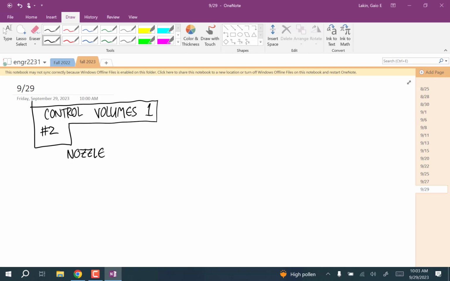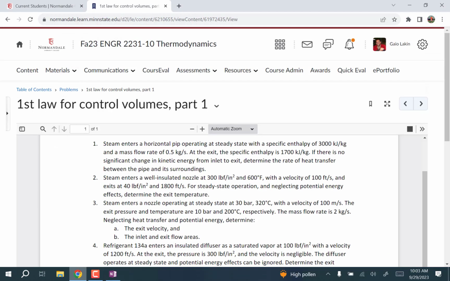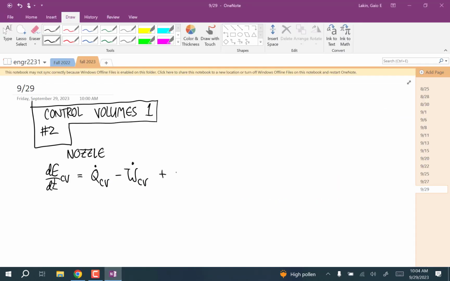I'm going to start with the full equation. So dE/dt for the control volume is equal to Q dot minus W dot for the control volume plus, okay, did it say steady state anywhere? Hopefully, yes, steady state operation. So I'm going to just write this right from the start as m dot. This is going to be equal to 0 too.